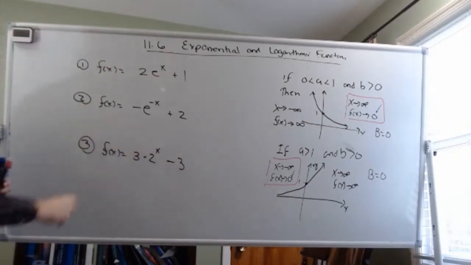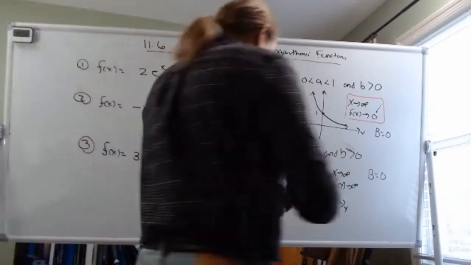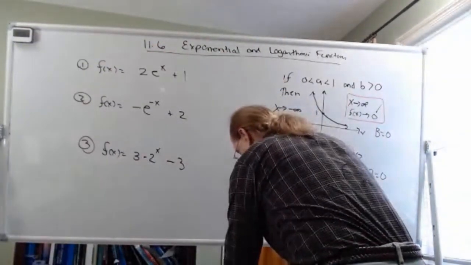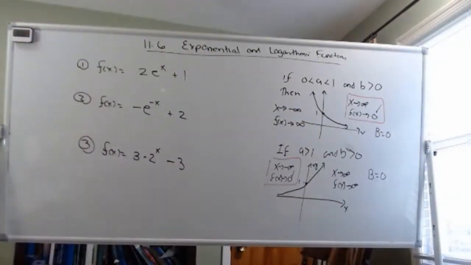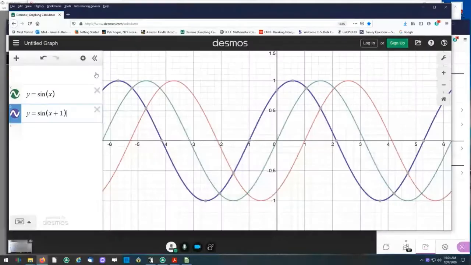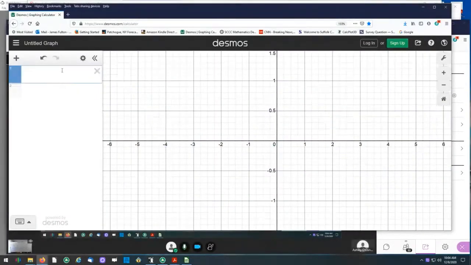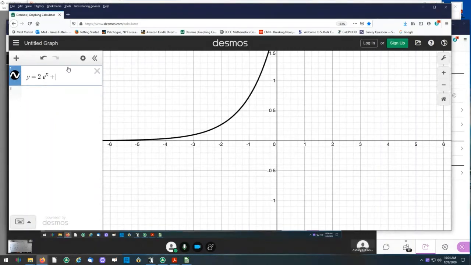So let's take a look at these three functions and look at their graphs using Desmos so we can get a sense for what we're looking at. Okay, let me clear this out. Clear, clear, clear. And let's put each of those out. So y equal to 2 times e to the x plus 1.